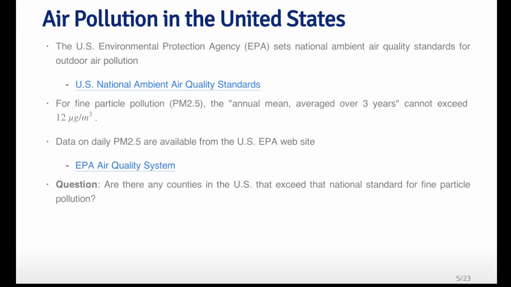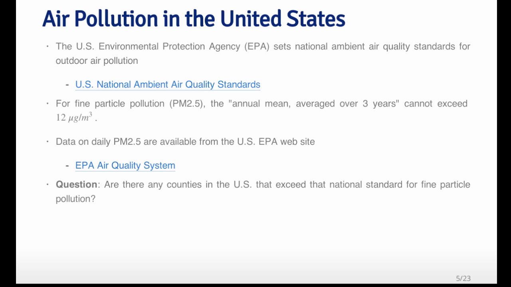The particular type of air pollutant we're going to look at is called fine particle pollution, or PM2.5. The standard in the United States is that the annual mean averaged over 3 years at a given location cannot exceed 12 micrograms per meter cubed. Any state that exceeds this level is considered to be out of compliance with the national standards.